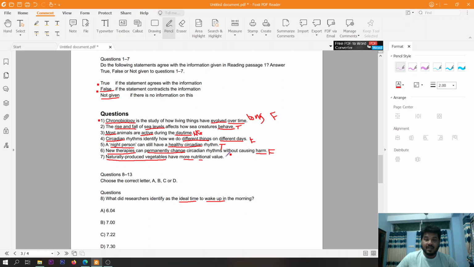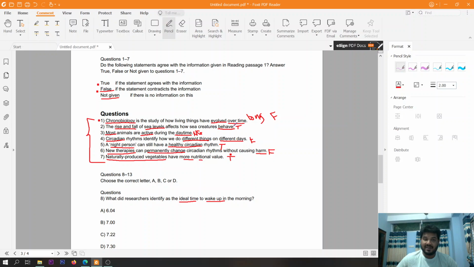Because there is a clear indication that the text and the question have the same ideas, we can safely say that the answer is true. So this is how we can identify the answers to true, false, and not given.